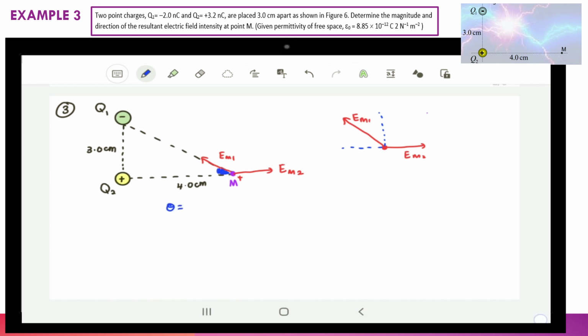Now let's calculate the angle theta. So I am going to use inverse tangent. Inverse tangent of 3 over 4, and then theta is equal to 36.86 degree. So here is the angle theta, which is 36.86 degree.